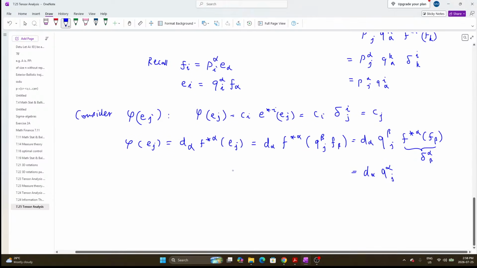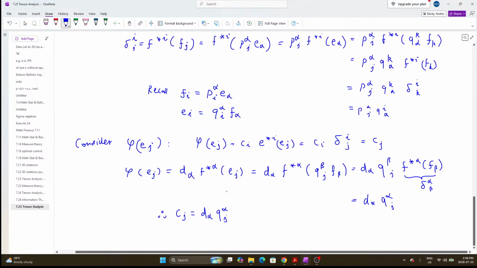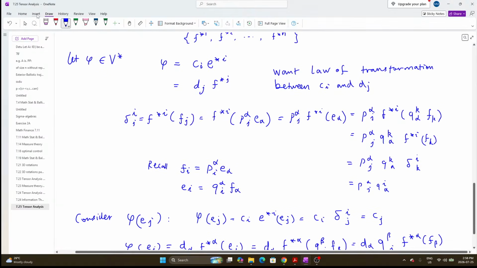So now let's compare the two results. Therefore, you get Cj. Now you get the transformation law: Cj equals d alpha q alpha j. This part is unnecessary, it's a tautology.